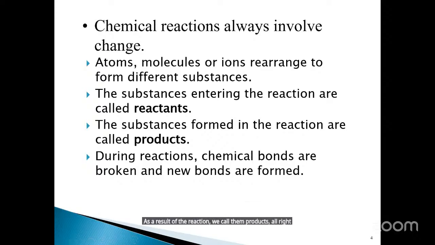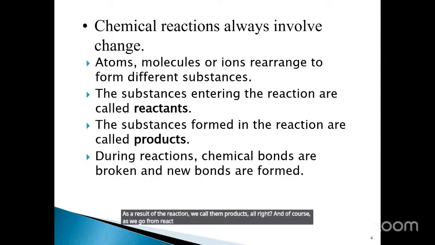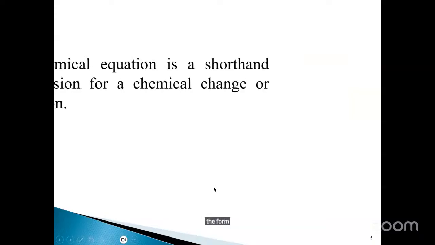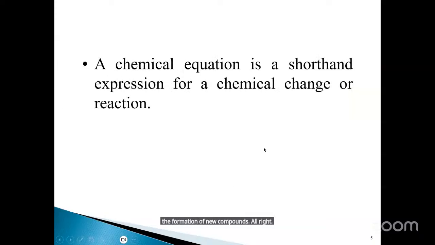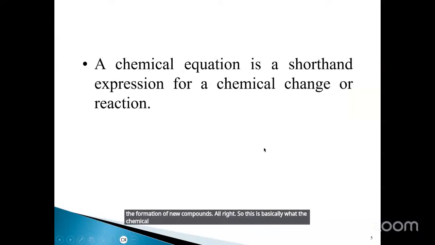And as we go from reactants to products, as I said before, there'll be rearrangement. More than likely, you will have some bond breaking and bond making occurring to result in the formation of new compounds, all right? So this is basically what a chemical equation is. It's a shorthand way of expressing a chemical change, all right?